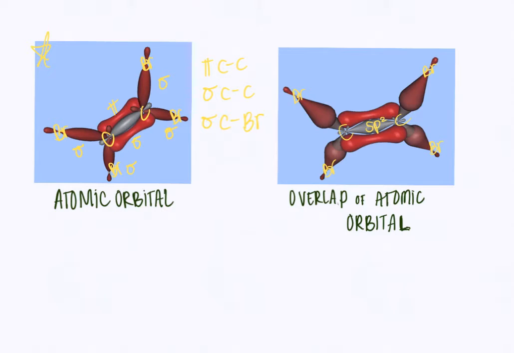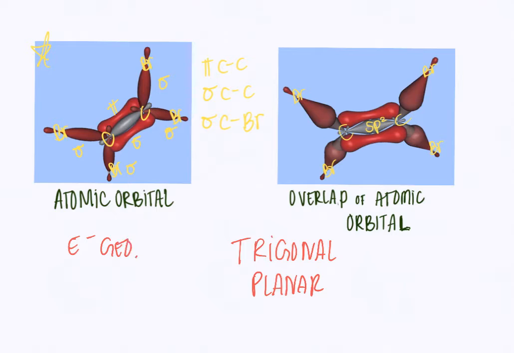We learned earlier that tetrabromoethylene is trigonal planar, and it's trigonal planar for both its electron geometry and its molecular geometry.